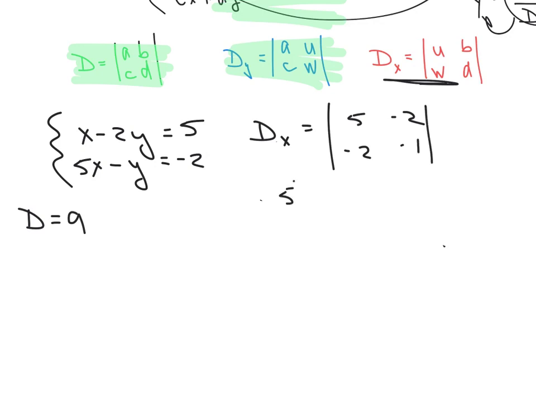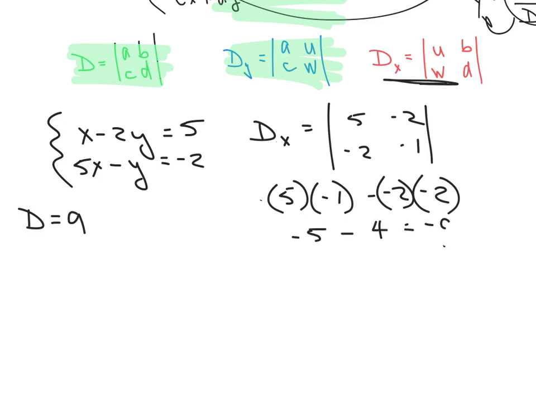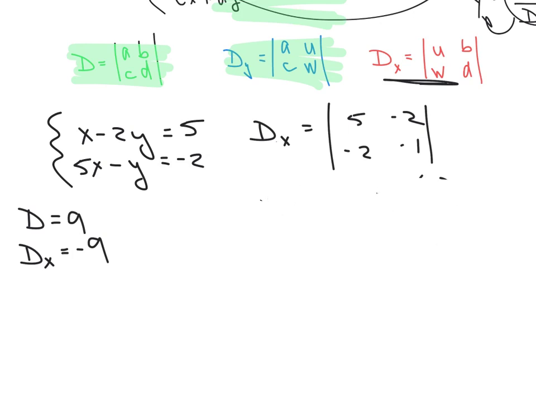So that gives me 5 times negative 1 minus negative 2 times negative 2. So negative 5 minus 4 equals negative 9. So my D of x equals negative 9. And again, I don't need this stuff anymore. I already found the D subscript x, the determinant of x.